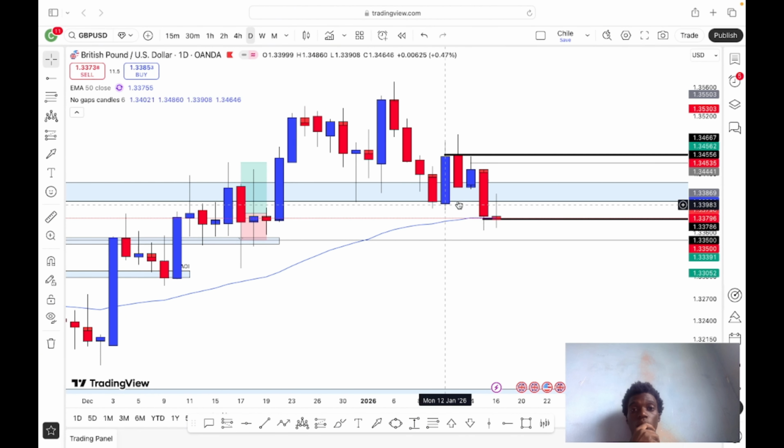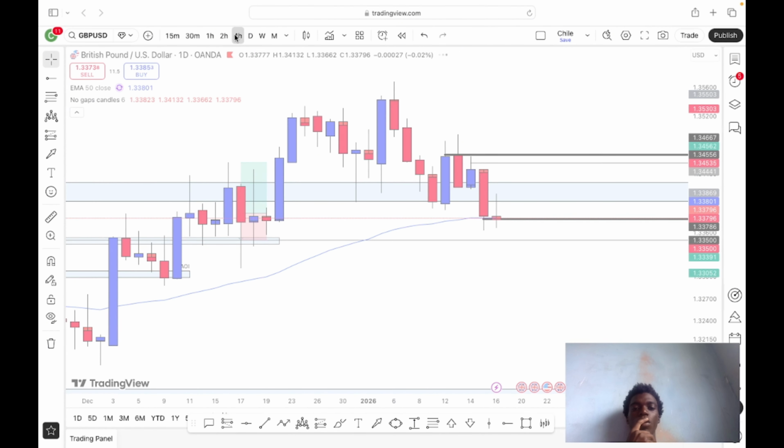Price will keep pushing down. And so we can get a candlestick rejection pattern on the higher time frame, but sometimes I tend to find them, and sometimes I don't. So I drop to the 4 hour.